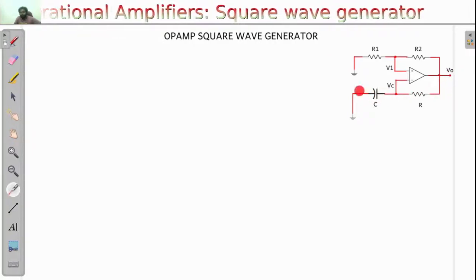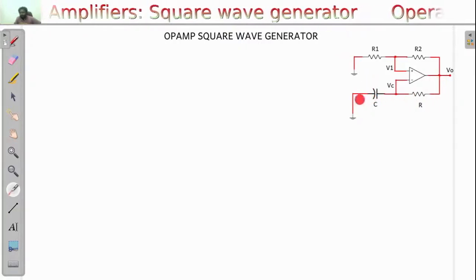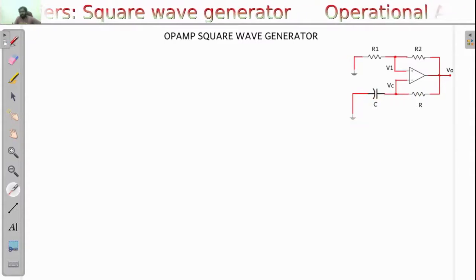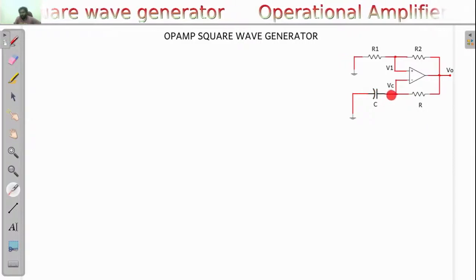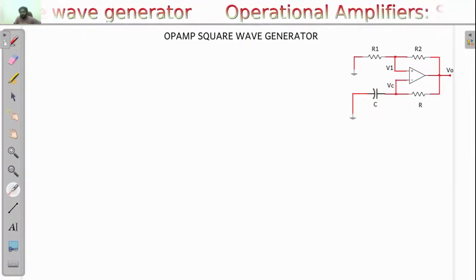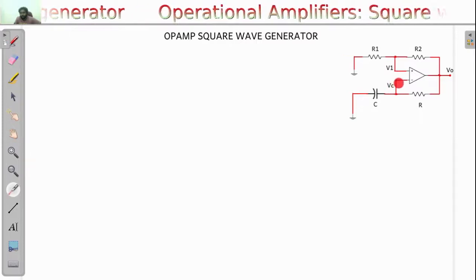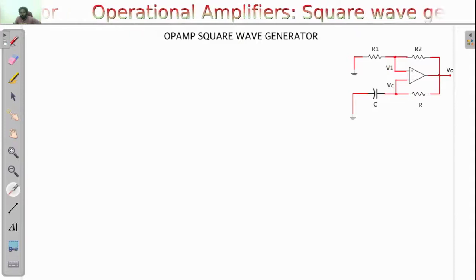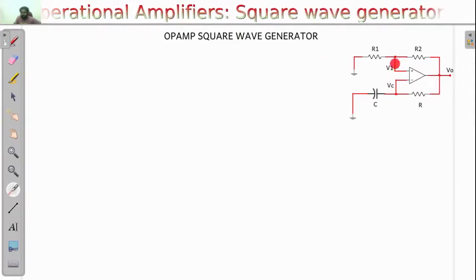So the capacitor will try to charge to the positive saturation through this resistance. So there will be an RC network here. Due to the capacitor's action, it will slowly increase its voltage Vc, and it reaches a point when V1, compared with Vc, is slightly lesser. So Vc is greater than V1.